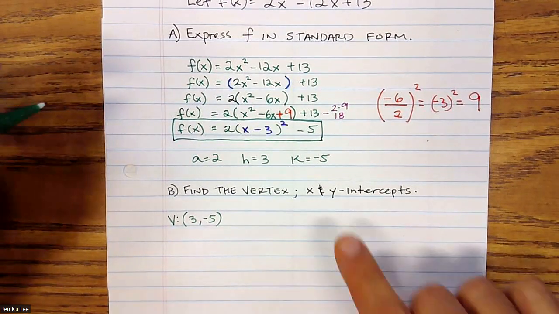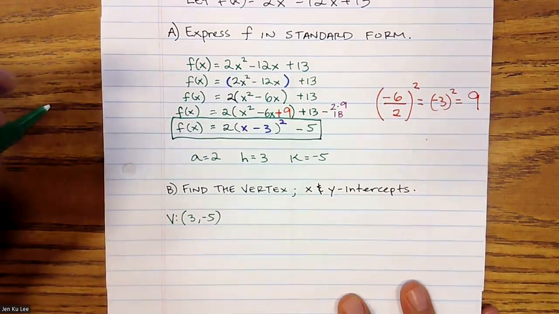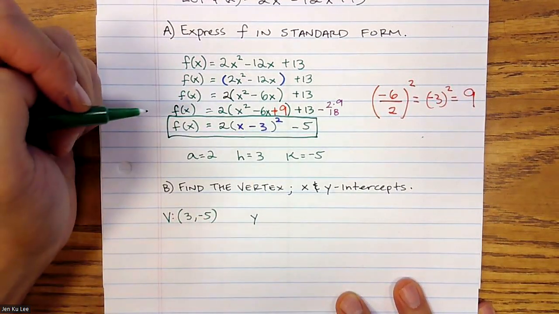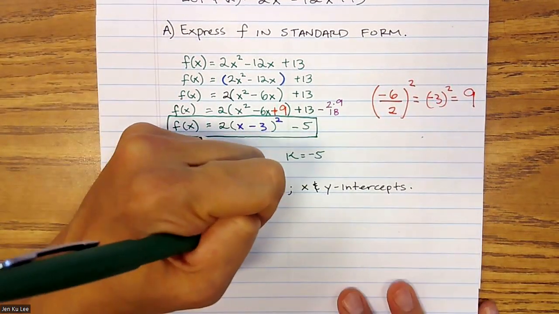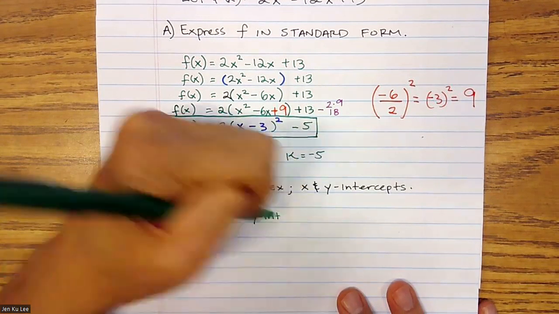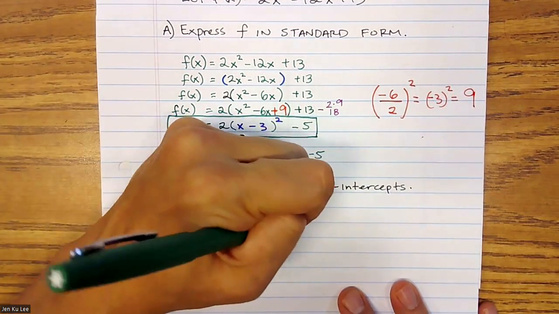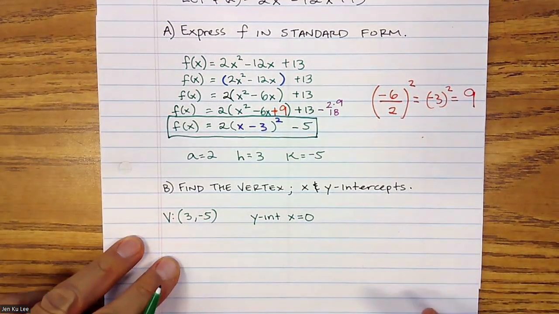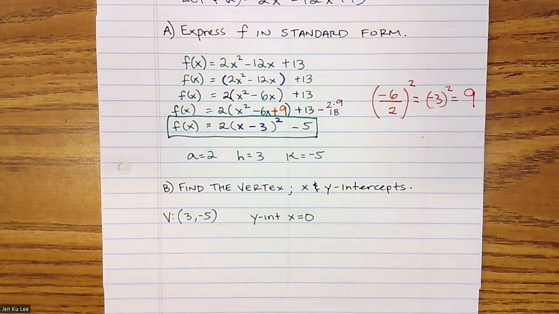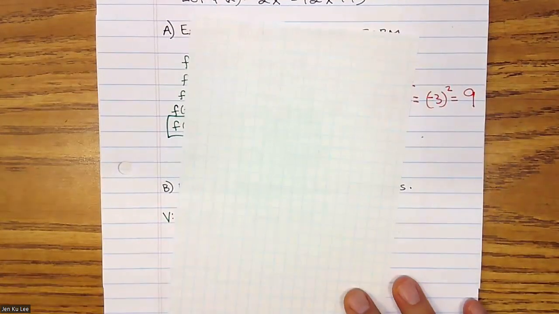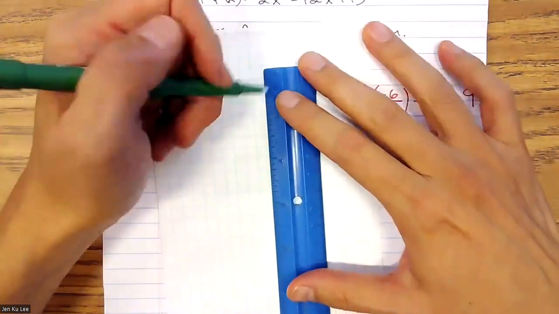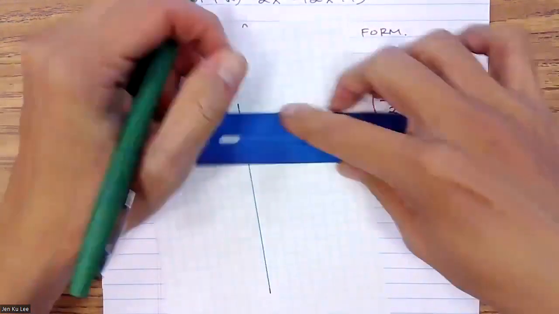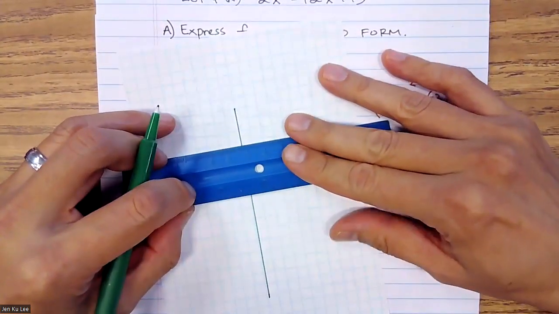Okay, to find my x and y intercepts, I'm going to first look at my y-intercept first, okay? To find my y-intercept, I have to make x equal to 0, okay? So because I'm going to make a little graph here, I'm going to kind of cover why I have to make x equal to 0.